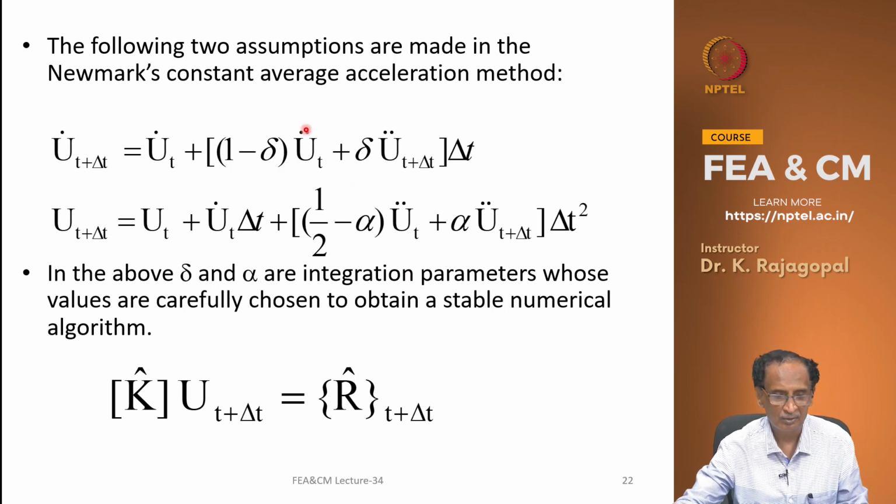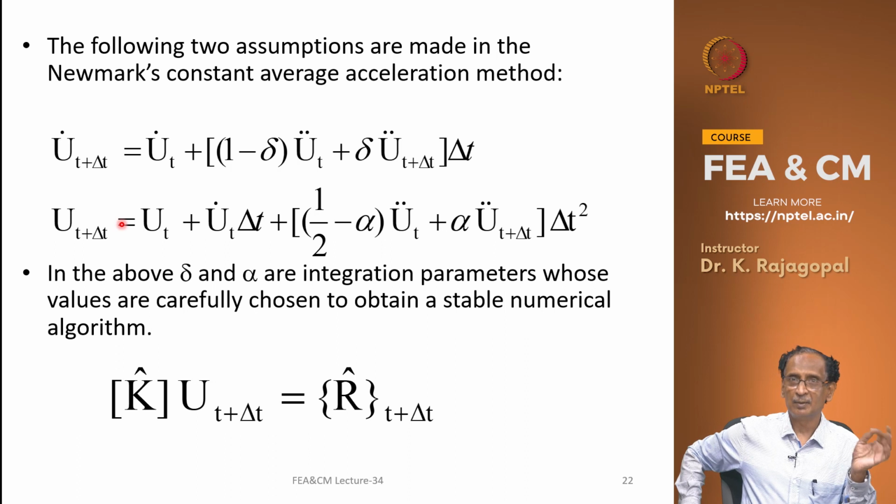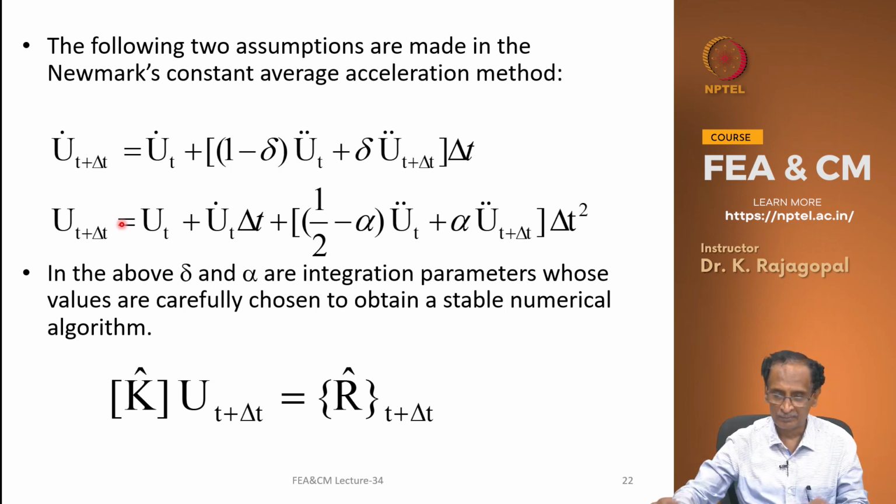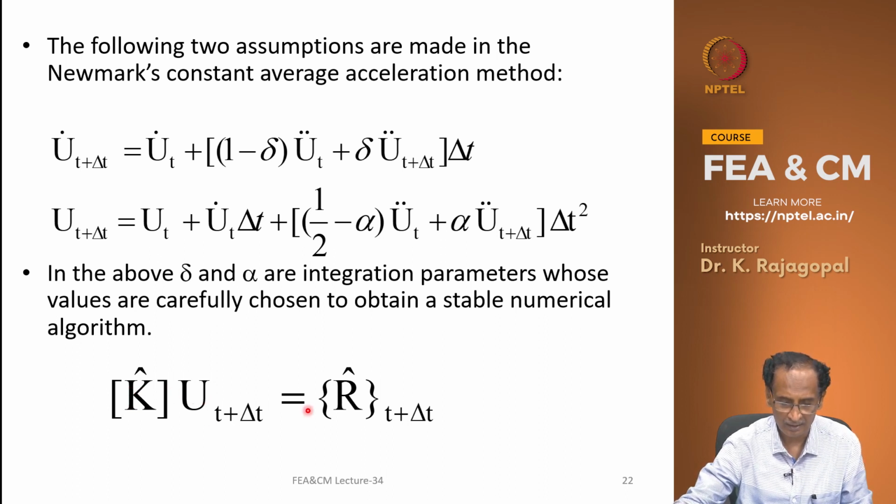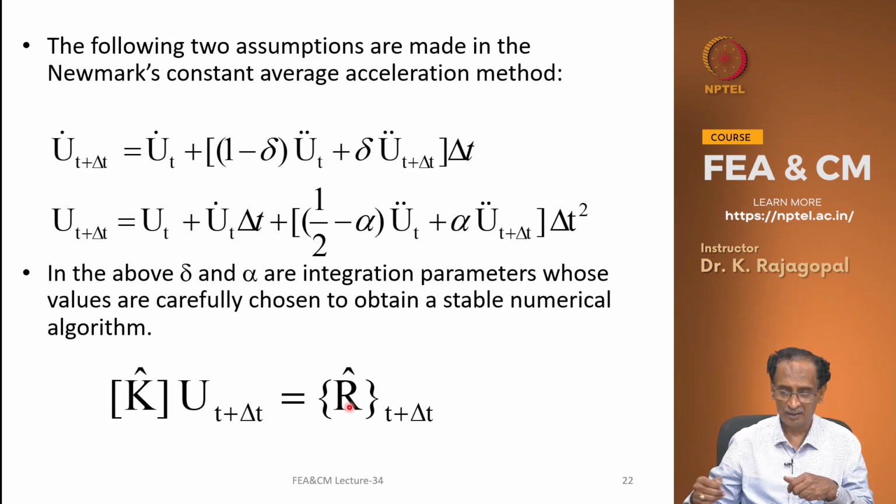If you substitute these equations in our governing equation, m x double dot plus c x dot plus k x is equal to p of t, we can convert them into an equivalent stiffness matrix, k hat, times u at t plus delta t equals the force vector at t plus delta t.